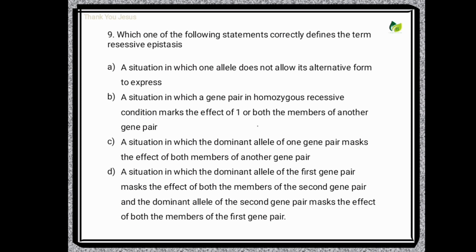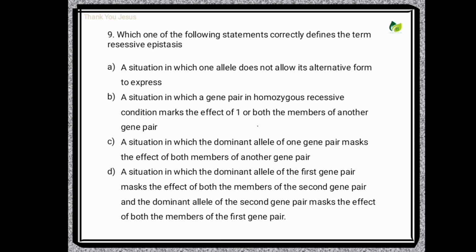Options are: a situation in which one allele does not allow its alternative form to express; a situation in which a gene pair in homozygous recessive condition masks the effect of one or both the members of another gene pair; a situation in which the dominant allele of one gene pair masks the effect of both members of another gene pair; a situation in which the dominant allele of the first gene pair masks the effect of both the members of the second gene pair, and the dominant allele of the second gene pair masks the effect of both the members of the first gene pair.